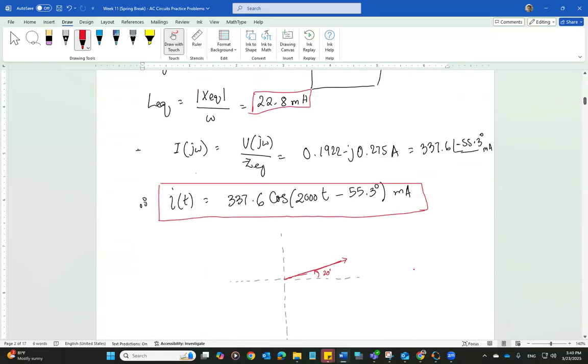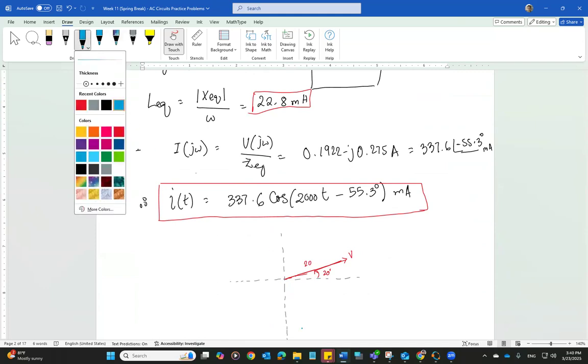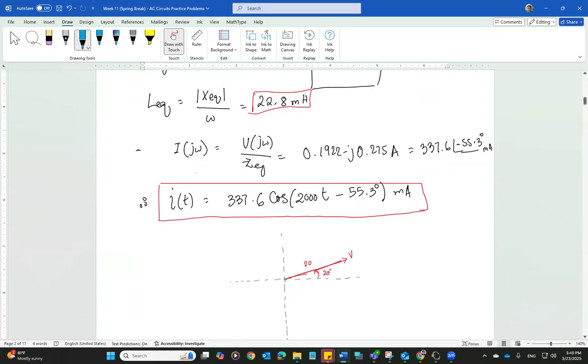So that's my voltage vector, 20 volt with 20 degrees, and then my current vector is going to be at negative 55. So let's say this is negative 55. I don't have to show the negative sign. It's just the angle between the x-axis, and this is 55 degrees.